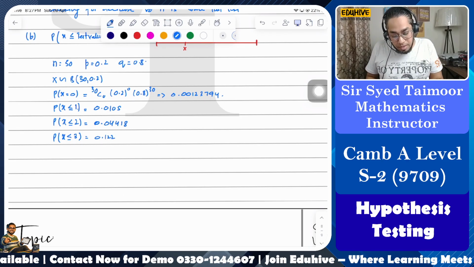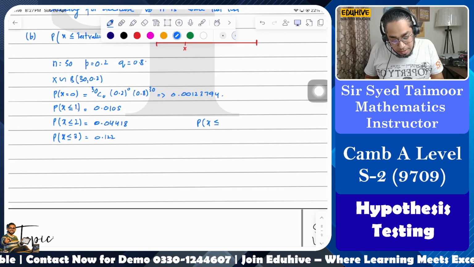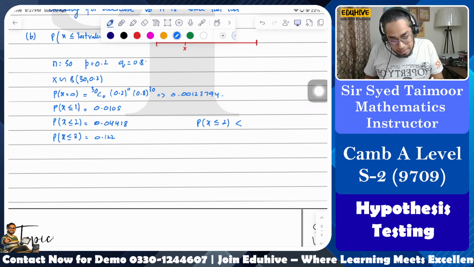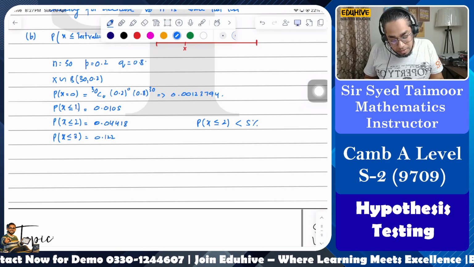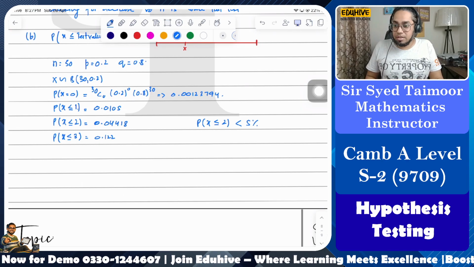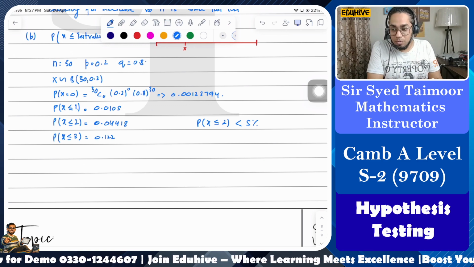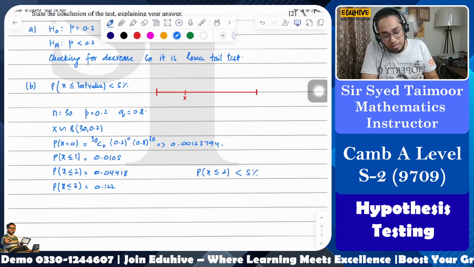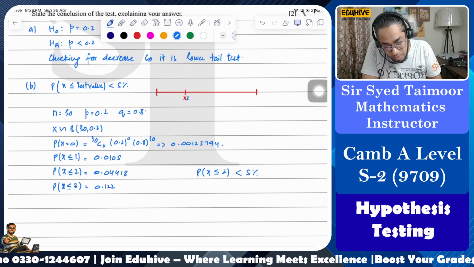So we can say that the probability of x less than or equal to 2 will be less than 5%. So we can say that x equal to 2 is in the critical region. This value is exactly 2.